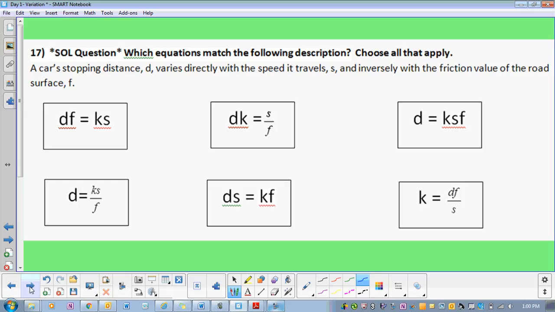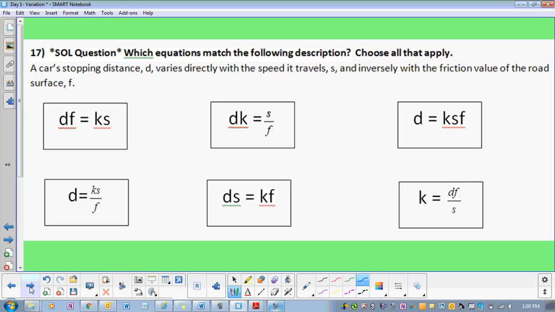Here's another SOL question. Which equations match the following description? So you have to come up with the equation first, and then look at how all of these are equal to different things, right? Like you have DF equals KS.